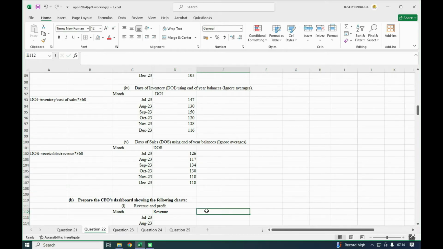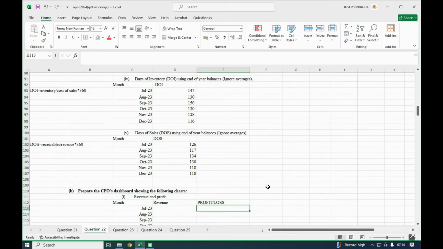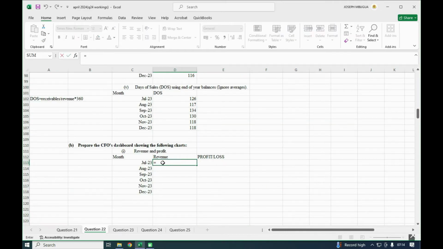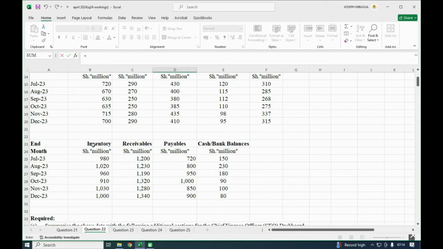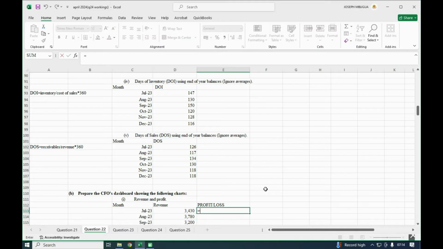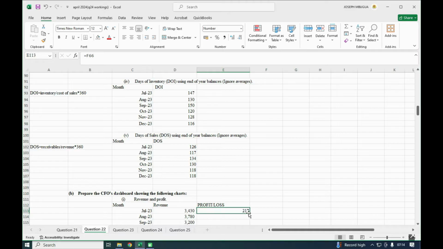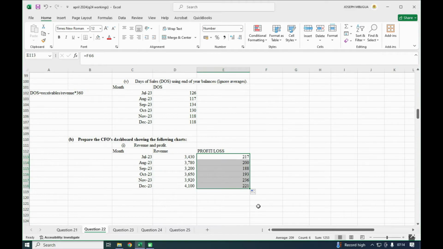And the second one is profit that we already have. All these values are in million, revenue and profit. So I pick my revenue and autofill that, and I pick my profit and again autofill that way. So that is the first information that we have, and you can extract a chart for that.